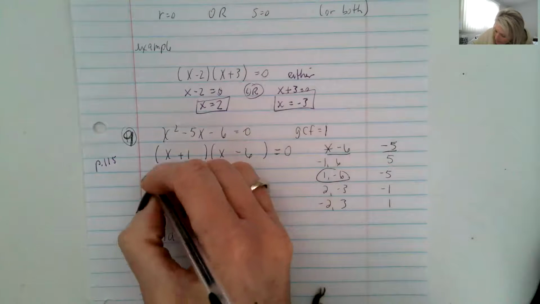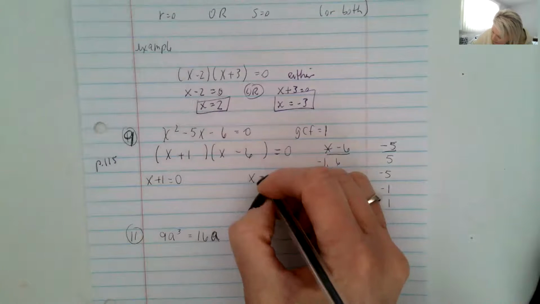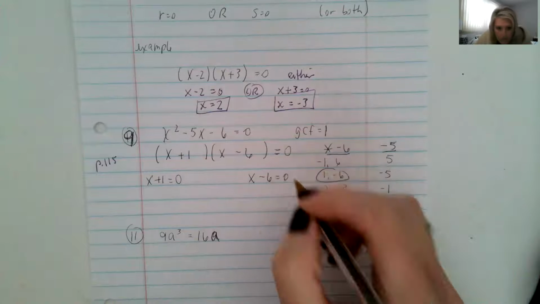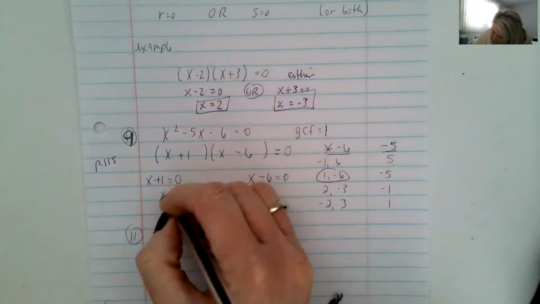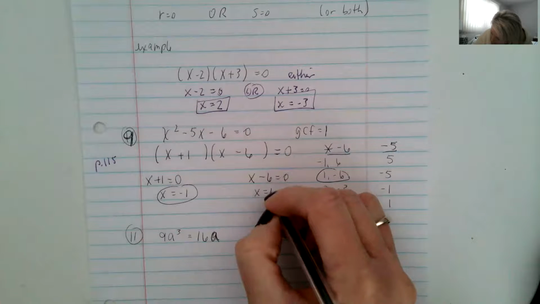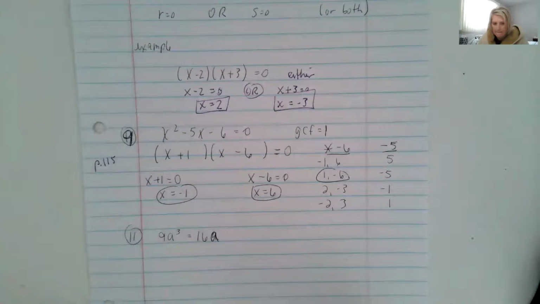So either x plus 1 equals 0 or x minus 6 equals 0. And so to get this to be true, x must be negative 1 or x must be positive 6. Those are the 2 solutions.